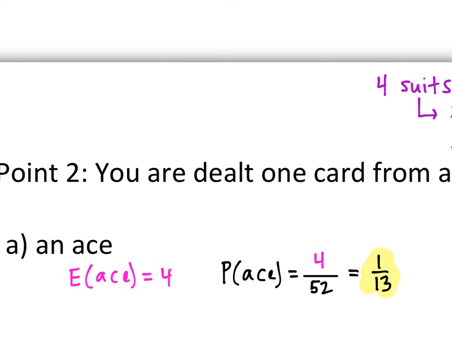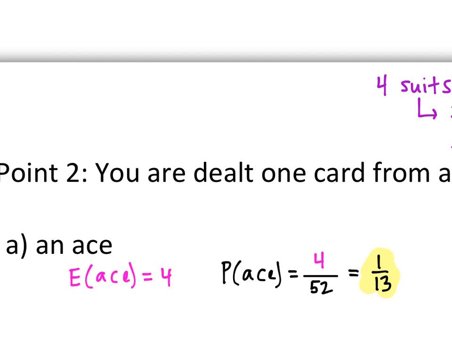So we have to think about, well, how many aces are there? Well, there is 1 ace in each suit. There are 4 suits in a deck. So the number of aces in a deck is 4. So the probability of pulling out an ace is going to be 4 over the total number of cards in my deck, 52. So I got a 1 out of 13 chance of pulling an ace out of the deck.